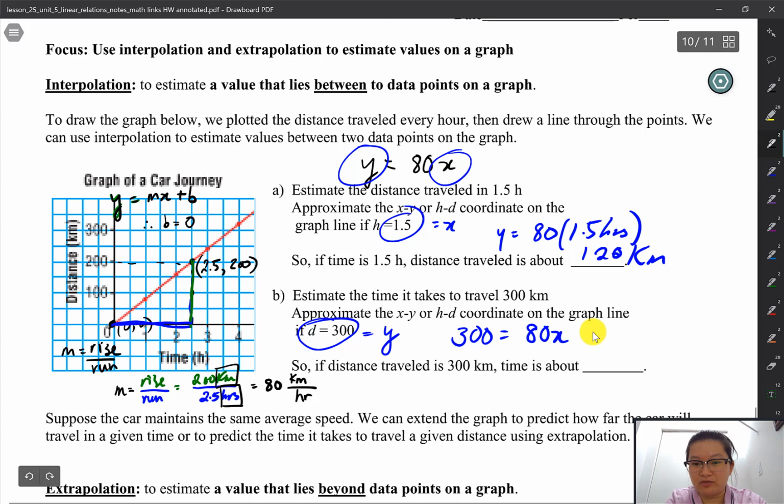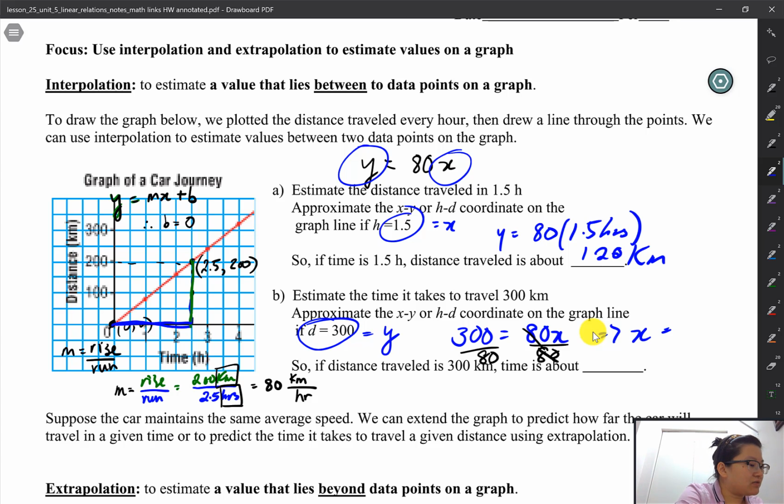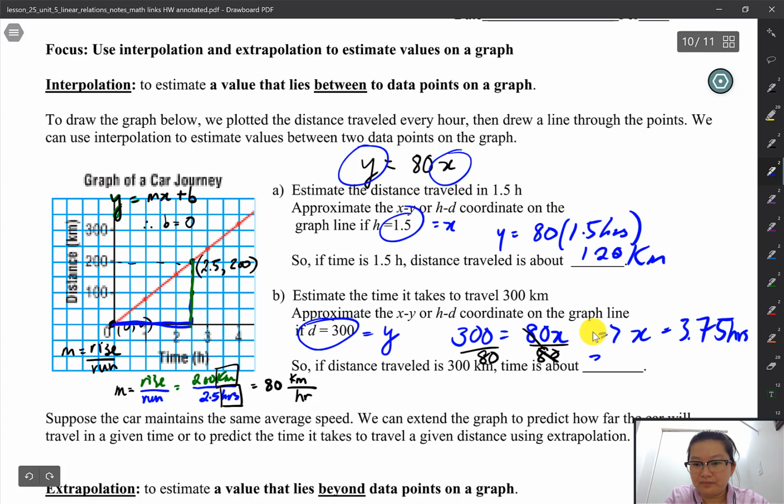Hey, why do we do algebra first, right? We divide by 80 on both sides to get rid of that, and we are left with x is equal to 300 divided by 80. We get 3.75 hours, because this is an x value.